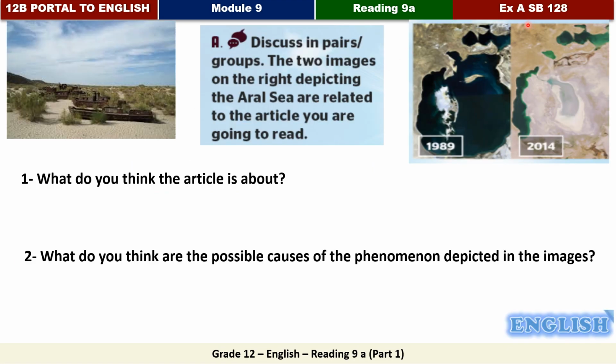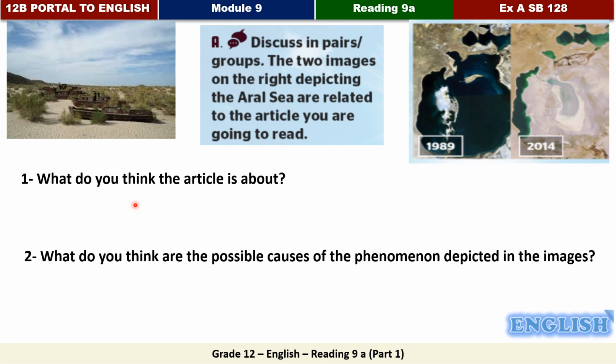Now open your student book, page 128, exercise A. Let's read the question. Discuss in pairs or groups how the 2 images on the right depicting the Aral Sea are related to the article you are going to read.